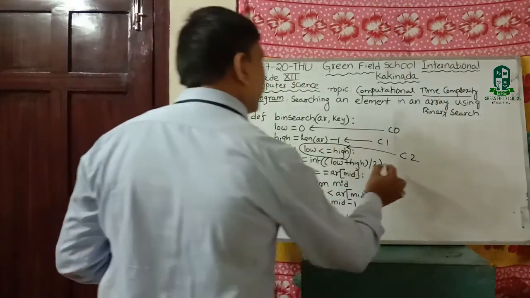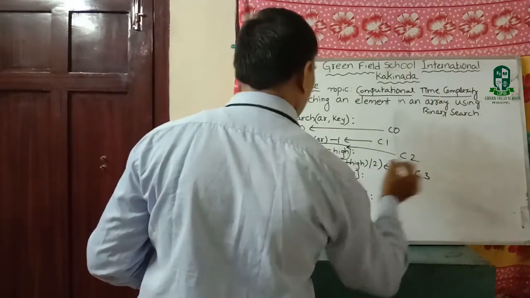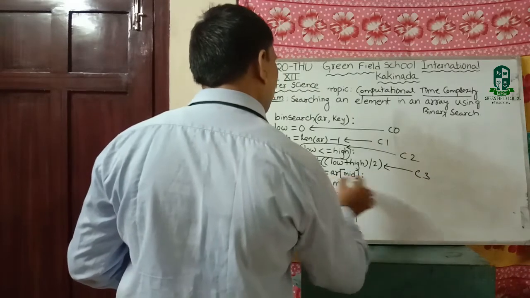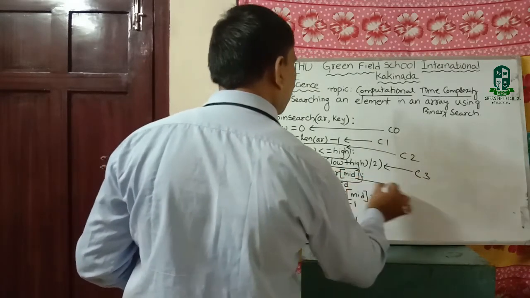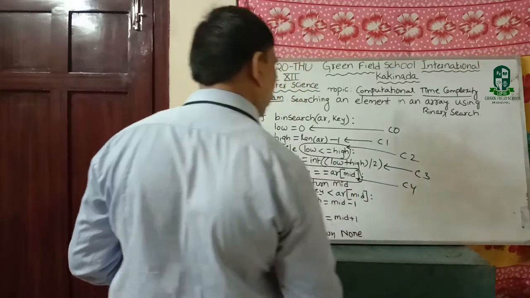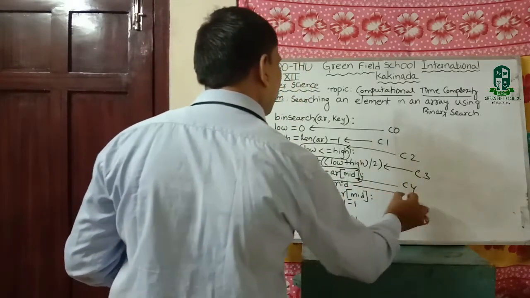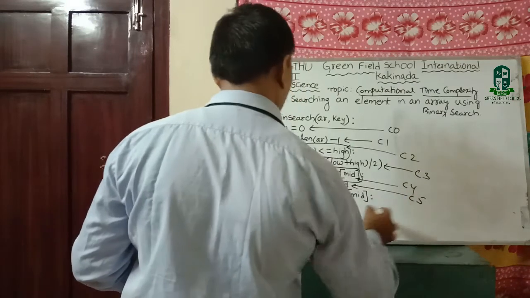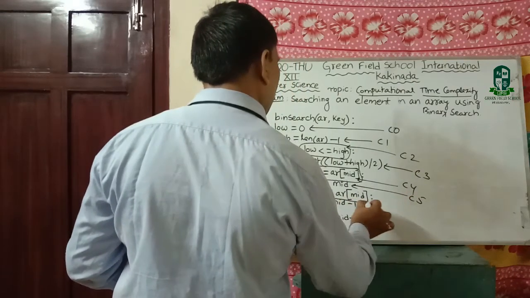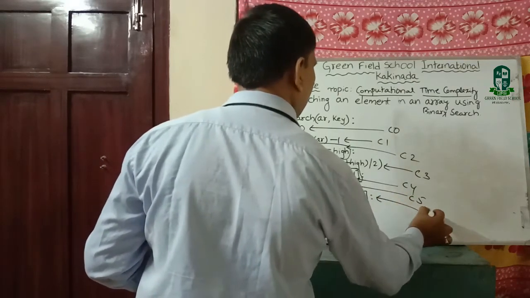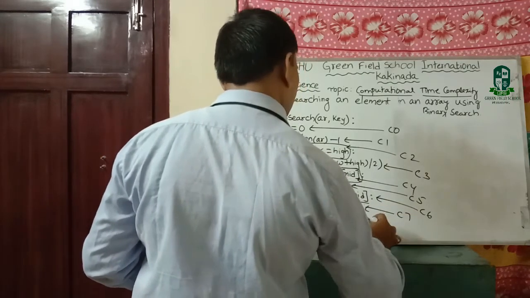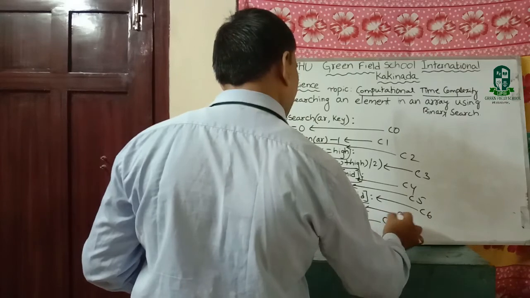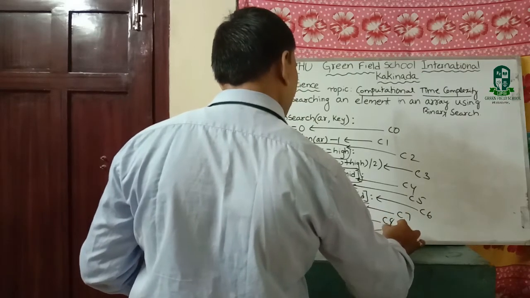This one is a calculation statement, C3. This one is a comparison statement, C4. This one is a statement, C5. This one is C6, C7, C8, C9.